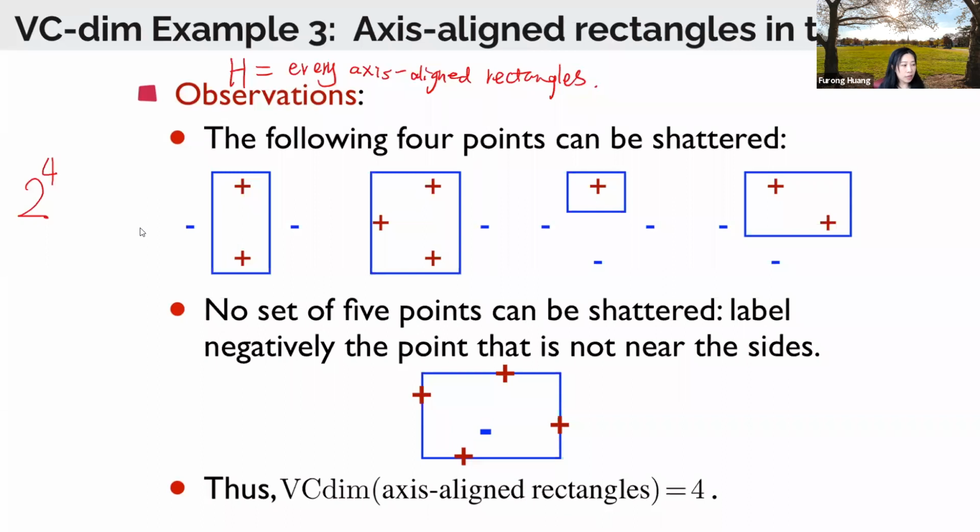Label negatively the point that is not near the sides. Okay, so this is how we're doing it. You can always find a labeling that contradicts your hypothesis. So I'll let you think a little bit about it.